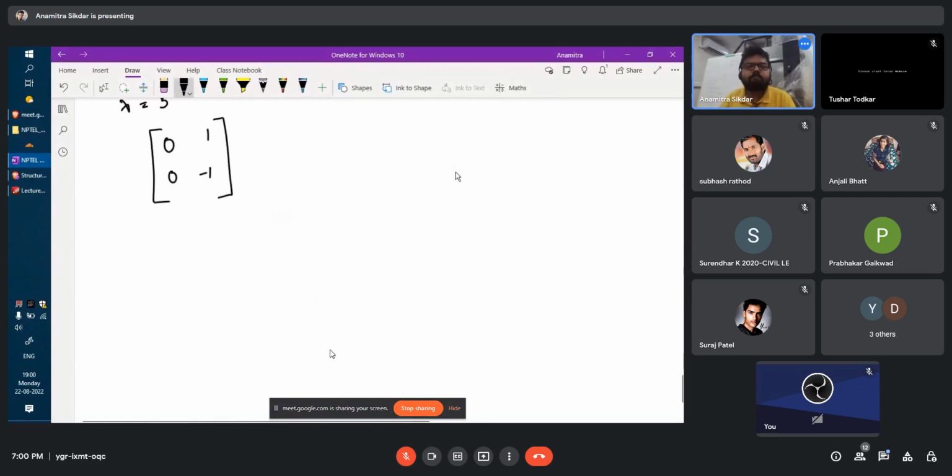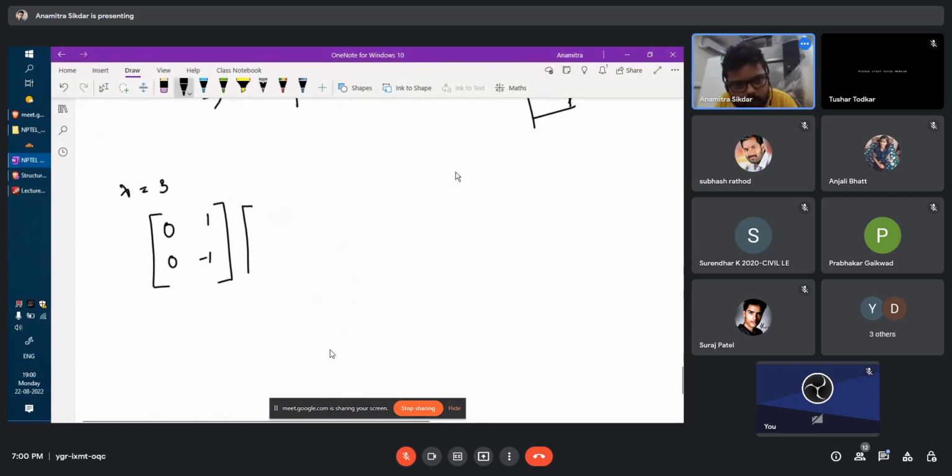So this is the new matrix. What will it be? It can produce one x and y. So what will be the equation from these two? Can anyone tell?